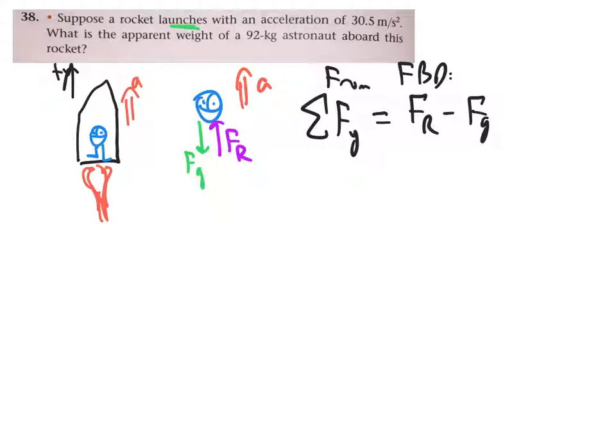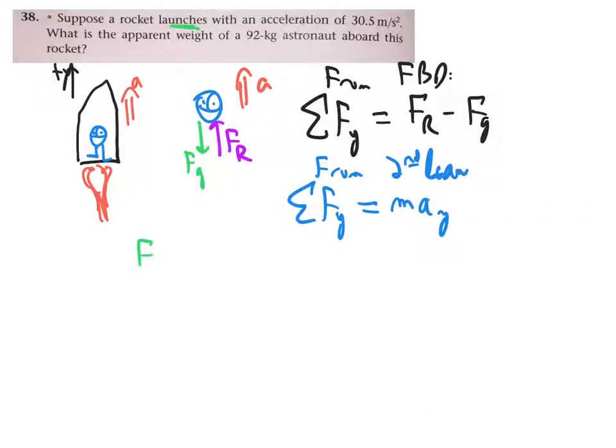And then from Newton's second law, we can say that the net force on the astronaut in the y direction has to be the mass of the astronaut times the acceleration in the y direction. And putting these two things together, we end up having Fr minus Fg equals m a_y, which is just for us m a.